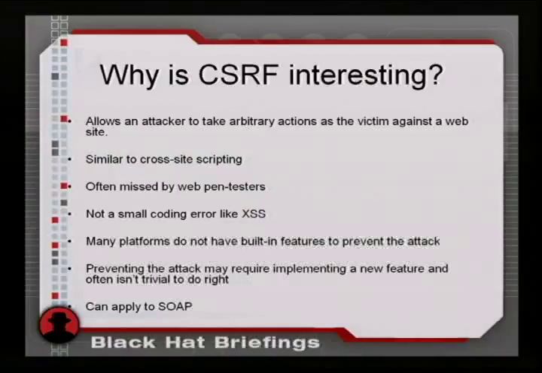Another thing about this attack is it's not a small coding error. Cross-site scripting is a failure to encode data that's being output to the HTML stream. This is a little bit more involved in fixing, and since fixing it is more involved, this is a lot of work, and so if you get hit by one of these bugs, you're not going to be able to turn around the fix in a few minutes or very quickly.